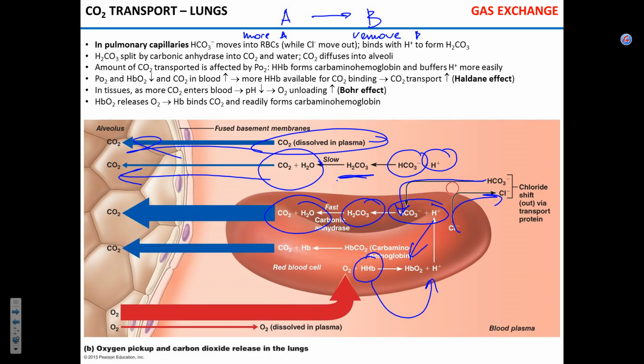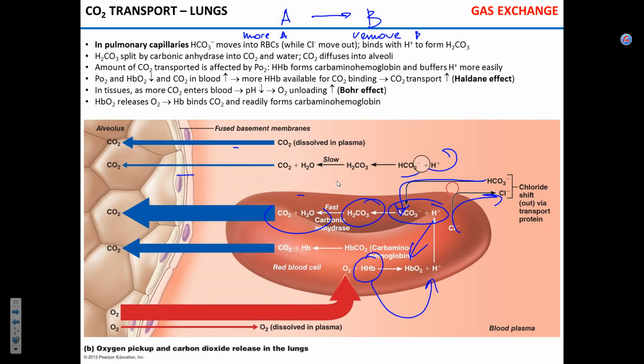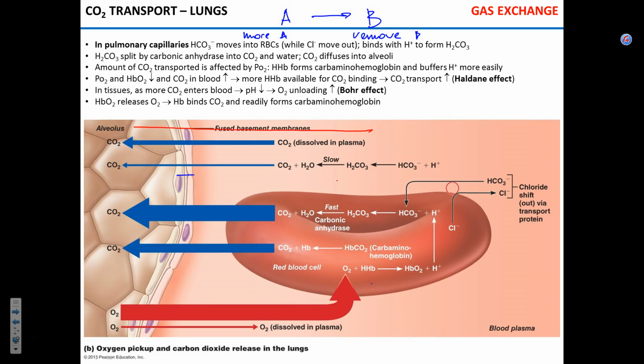All right? Now, let's take a look from that standpoint at what's going on in the lungs. So I'm going to start the whole story over. The first process I want to point your attention to, not a reaction but a physical process, is the diffusion of carbon dioxide from plasma into the alveoli.